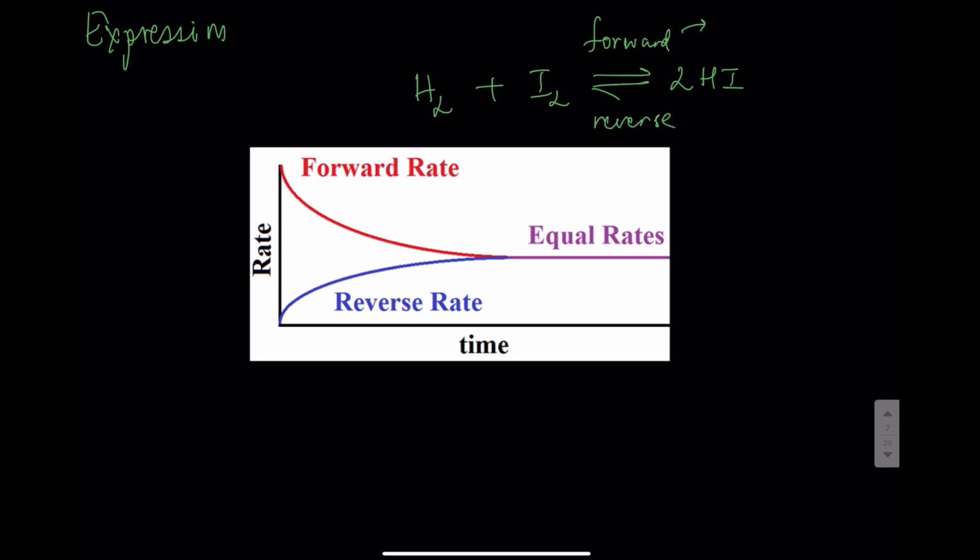The rate for the forward reaction is given by Kf, and the rate for the reverse reaction is given by Kr. So at equilibrium, Kf is equal to Kr. And that's the reason why the concentration does not change. The reverse reaction and the forward reaction, you can see that the rates will be equal. And that's one way to identify if a system is already at equilibrium.